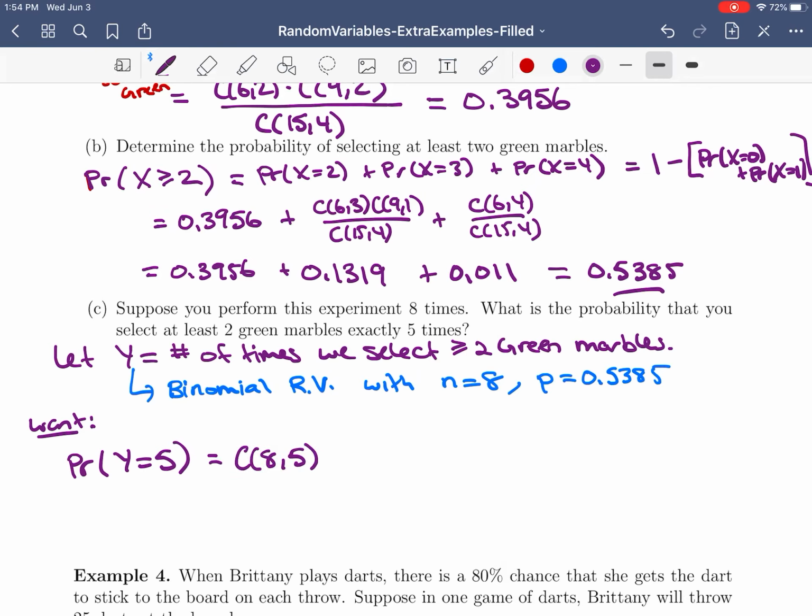So it's going to be 8 choose 5, 0.5385 to the power 5, times 1 minus this, which is 0.4615, and we're going to need that to the power 3.